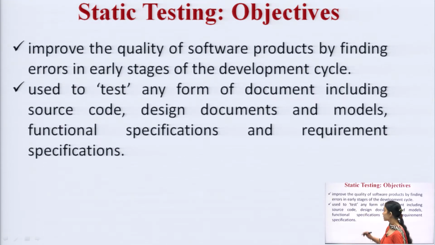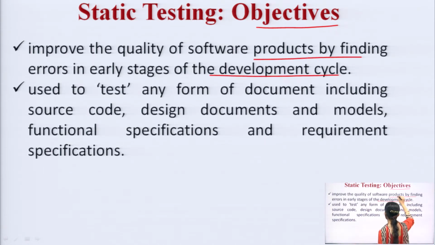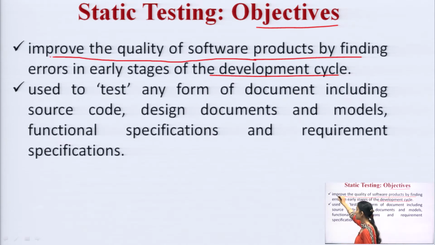The major objective of performing static testing is to improve the quality of the software products by finding errors in the early stages of the development cycle. In the early stages, when it is in the developer's hands, our main intention is to find as many errors as possible and fix those bugs so that the cost can also be reduced.